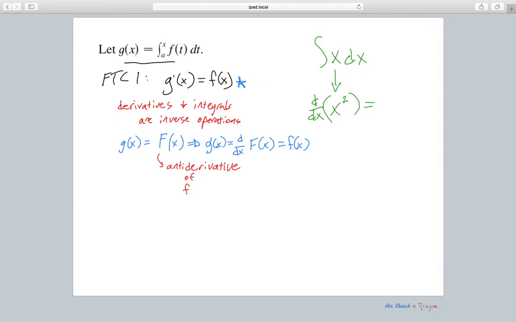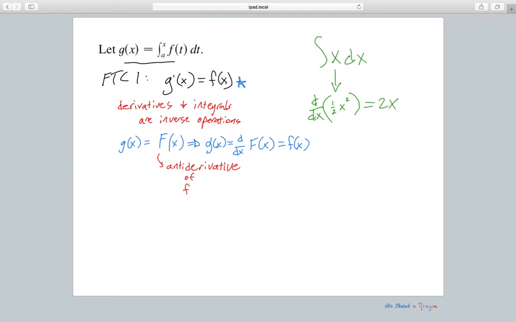The problem here is if I bring down the 2, that's 2x. That's not just x. So something I can do to account for that is give it a coefficient. So instead of just x squared, what if I put in place a coefficient of 1/2 that I know will then cancel that 2 as it's being brought down.